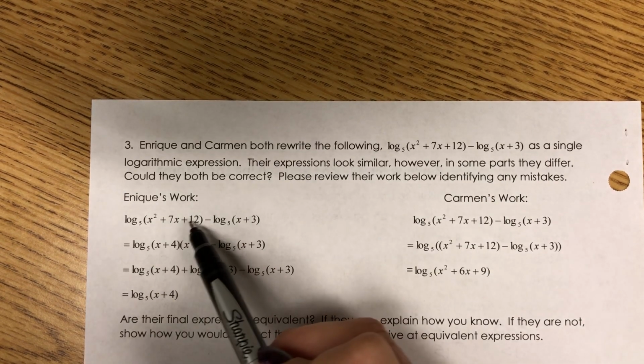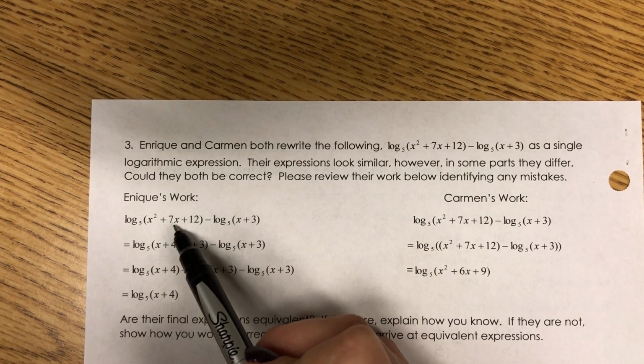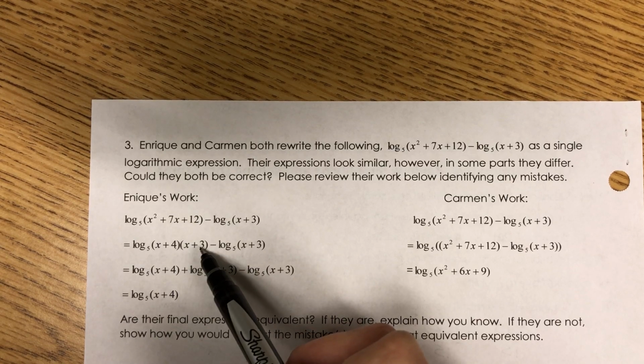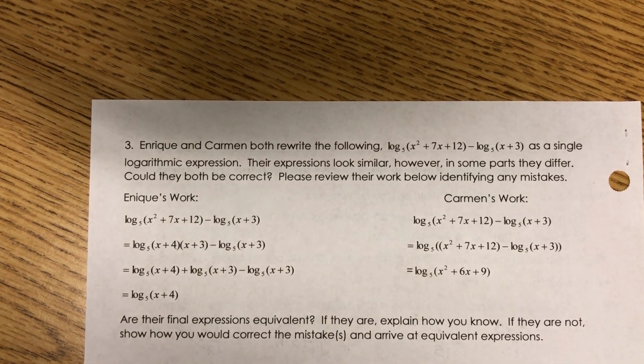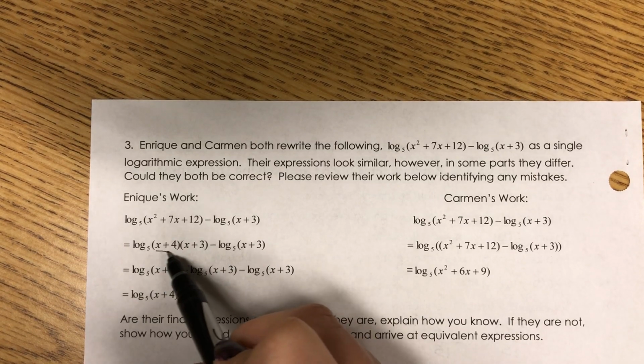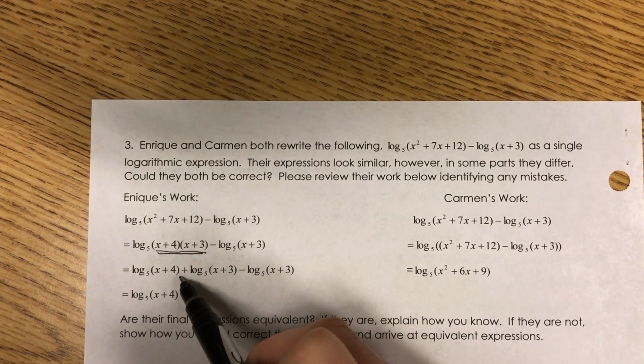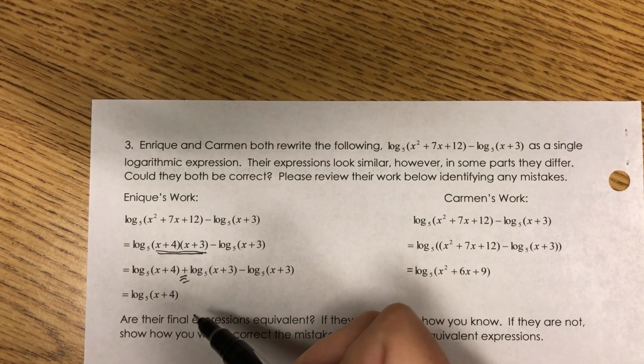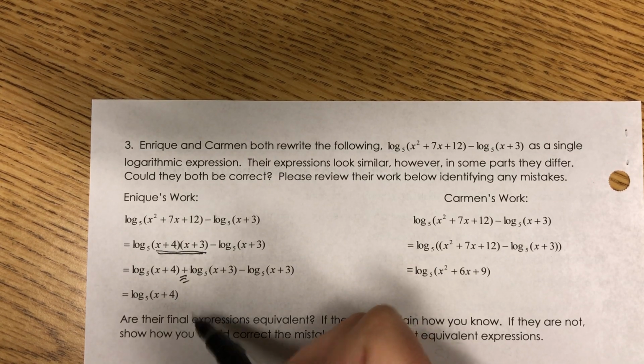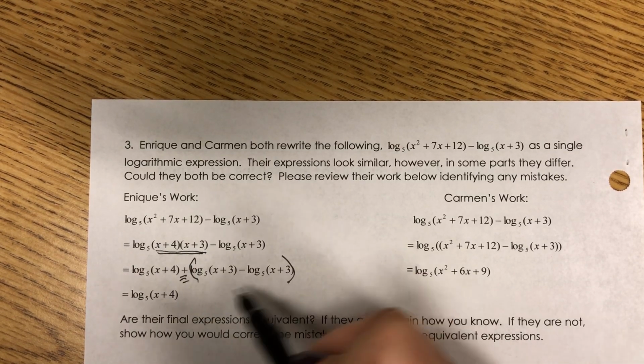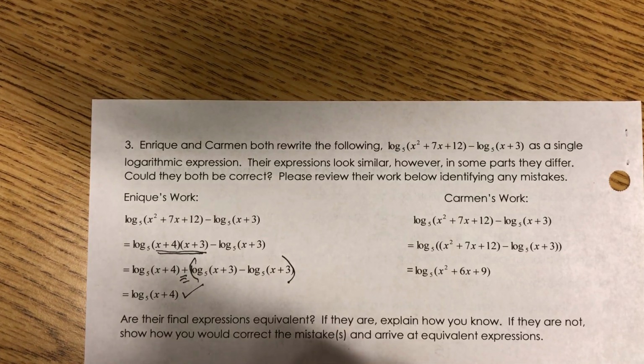Oh, he factored first. So what multiplies to 12 that adds to 7 is 4 and 3. Oh, and then he separated it. Said, okay, because these arguments are multiplied, we can separate it with an addition. That's right. Oh, and then look, these are the same, that adds to 0. Okay, I think Enrique is right.